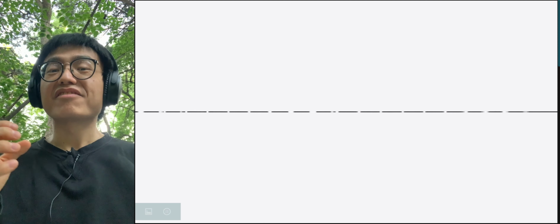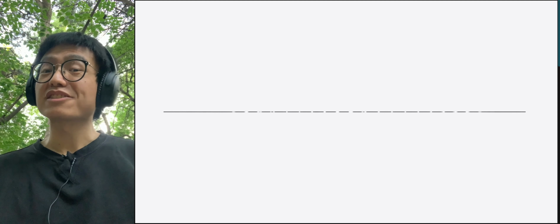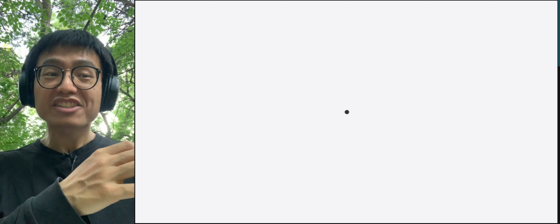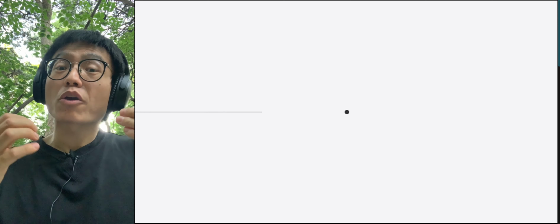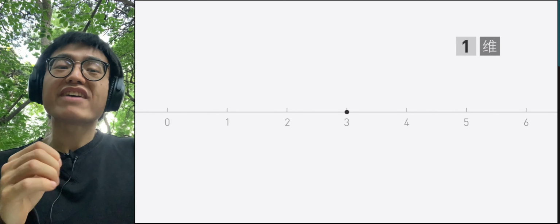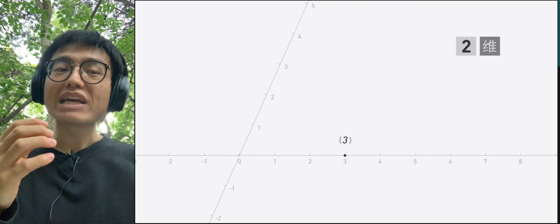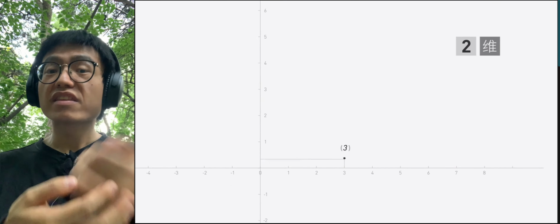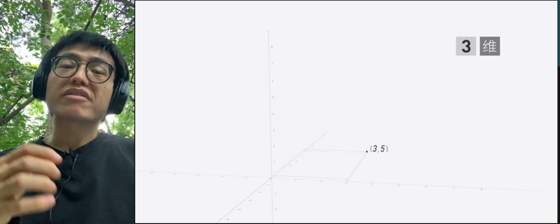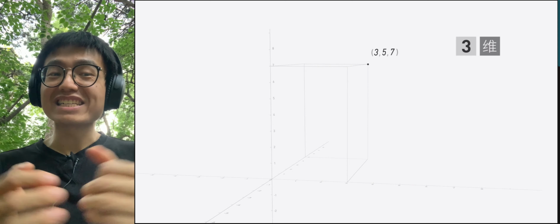Let me explain vector. Vector has multiple understandings in mathematics, but in our machine learning project, you can understand the vector as a point defined in the coordinate system. If this is a one-dimensional vector space, 3 is here. In a two-dimensional vector space, (3, 5) is here. In a three-dimensional vector space, (3, 5, 7) is here.